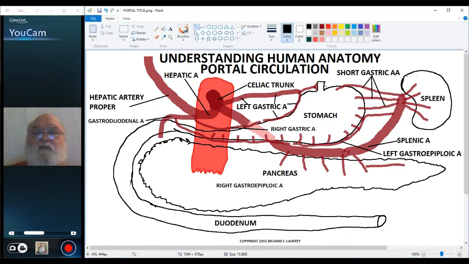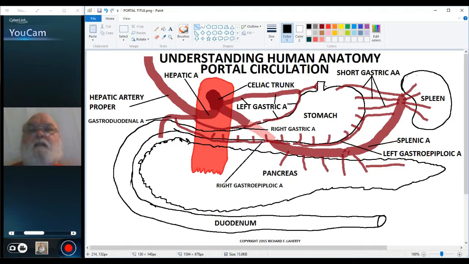And like the gastric arteries on the lesser curvature, the gastroepiploic arteries along the greater curvature also meet end-to-end and anastomose. Again, I left the gap in there just to show you that it's two different arteries.